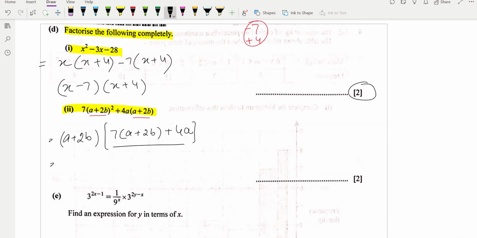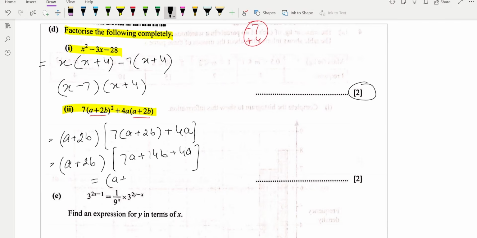Next we can solve whatever is inside as like terms, adding like terms. So a plus 2b, and this will be basically 7a plus 14b plus 4a.